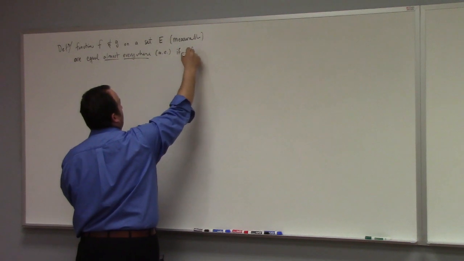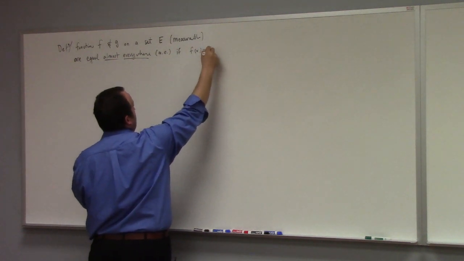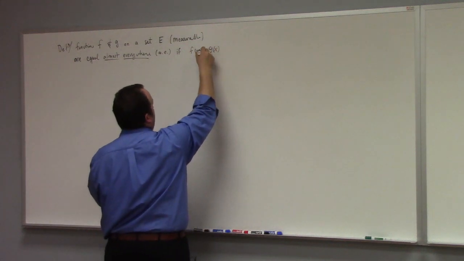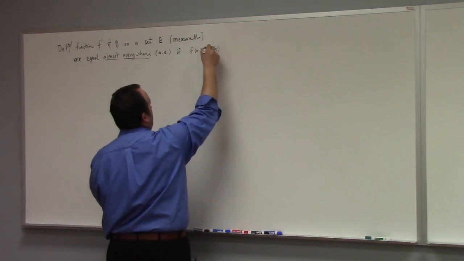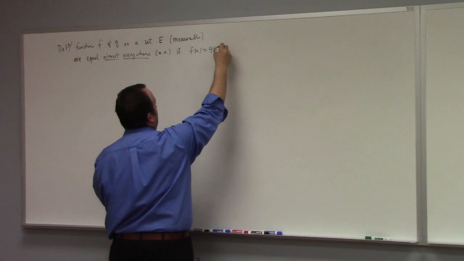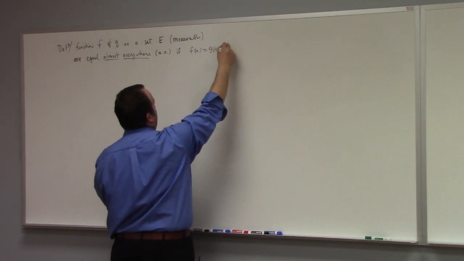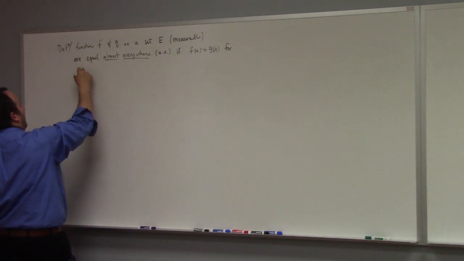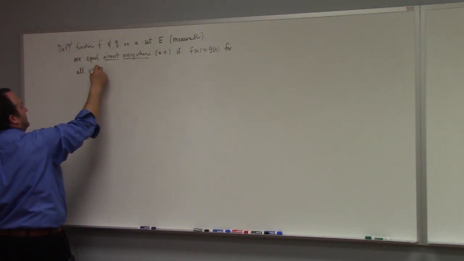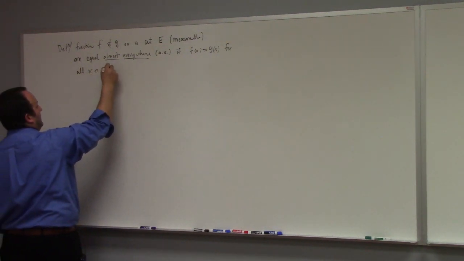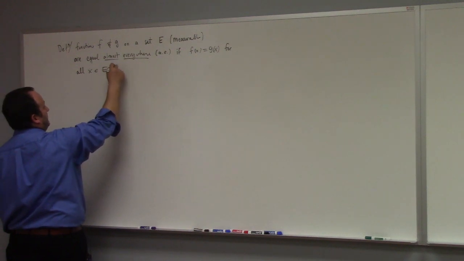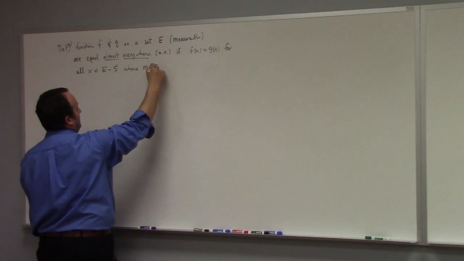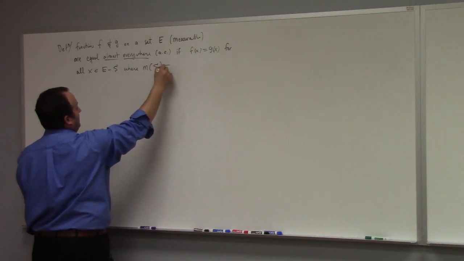if f of x is equal to g of x for all x in E minus S, where the measure of S is equal to what? 0, right?